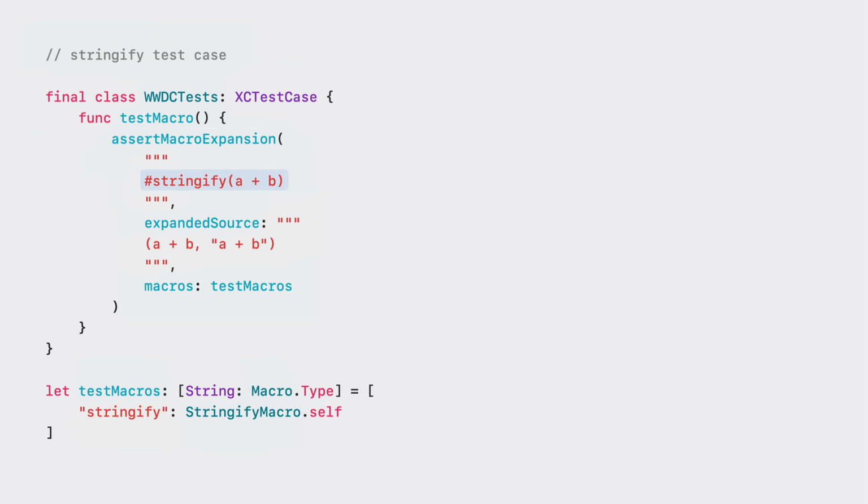It takes the stringify a plus b expression that we saw before as input and asserts that after the macro is expanded, it produces a tuple containing a plus b and the string literal "a plus b". To tell the test case how to expand the macros, it passes the test macros parameter, which specifies that the macro stringify should be expanded using the stringify macro type.